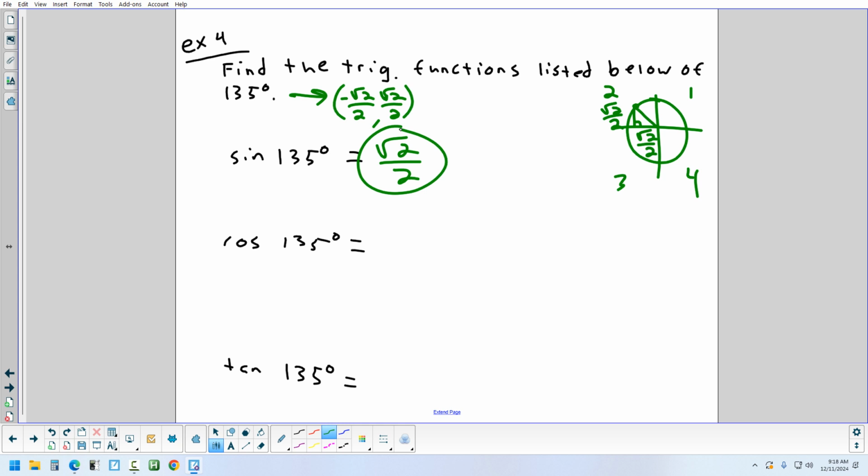I know it's kind of small, but there is a negative there. So it's negative root 2 over 2. And what about my tangent? Yep, we're dividing two numbers that are opposites. When you divide opposites, you get negative 1. And that's the first 3 trig functions for 135. Any questions on that?